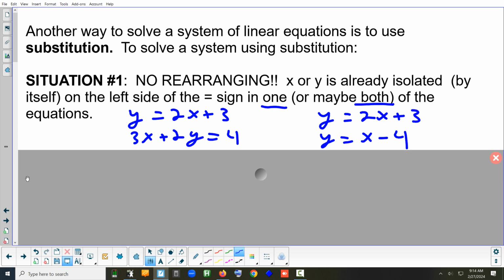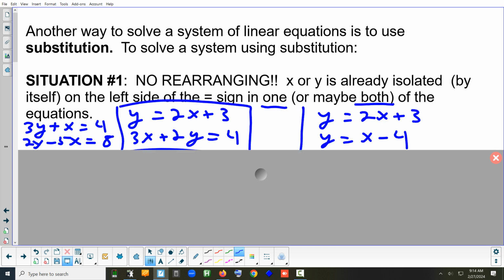If you had something like this, that's not situation 1. That's no good. The problem with this one is you don't have any letter by itself. You've got x's and y's on the same side. That's going to be situation 2. We'd have to fix this one. Okay, but this would be a situation 1 problem. This would also be a situation 1 problem.